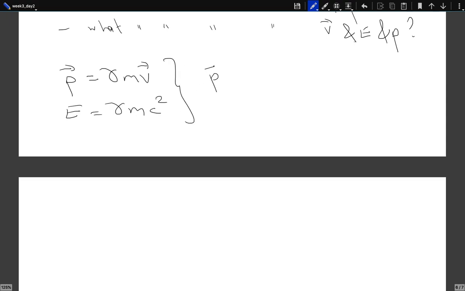Let me just divide P by E. Well, if I divide P by E, it's nice because these gammas cancel, m's factors cancel. So I obtain v over c squared, which tells me that I can obtain the velocity of an object from the momentum by dividing its momentum by E over c squared.